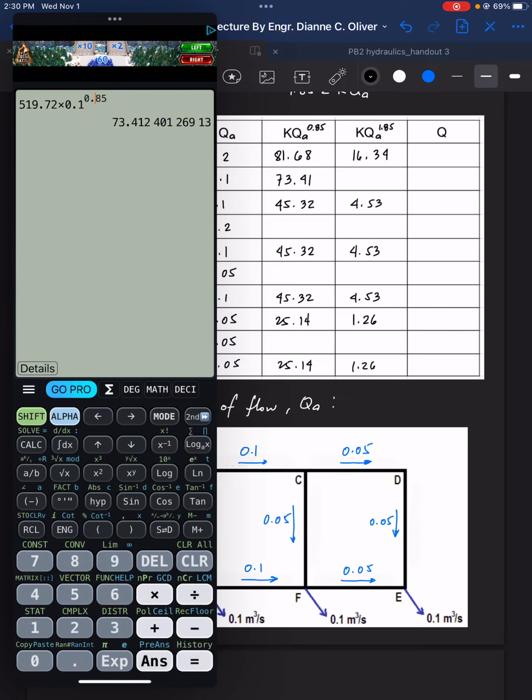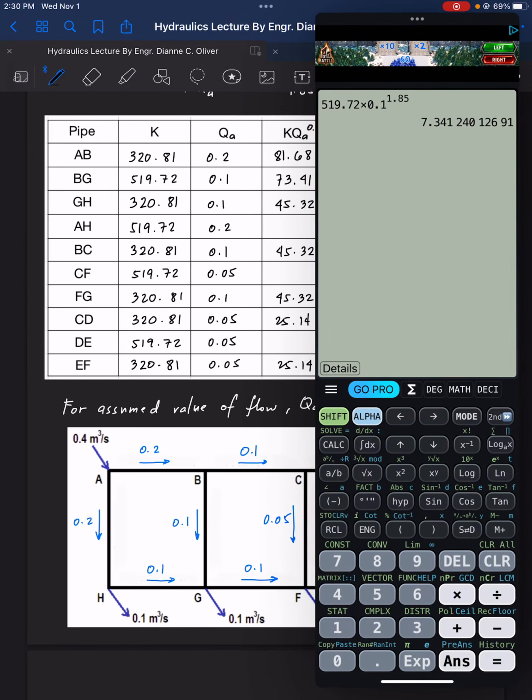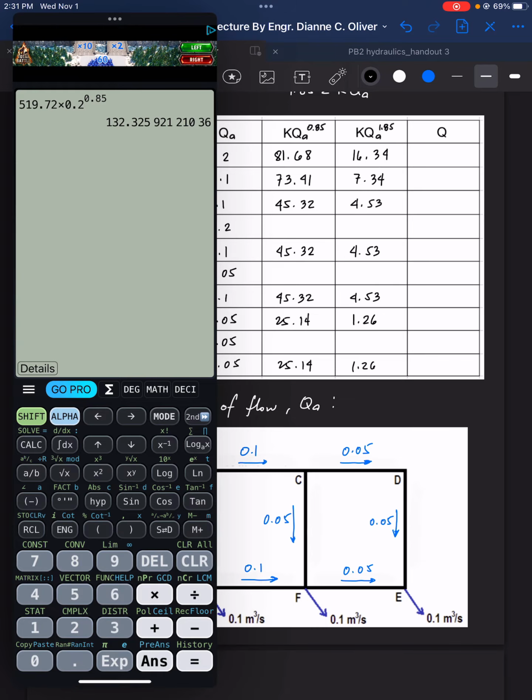Then raised to the power of 1.85, that is 7.34. Next, we have 0.2. So that is 132.33, and then raised to the power of 1.85, that is 26.47.